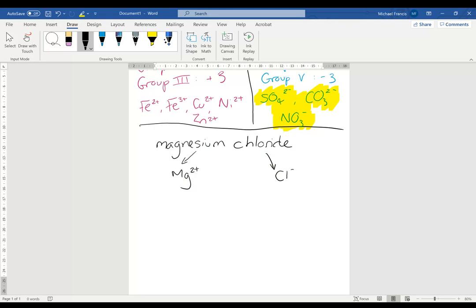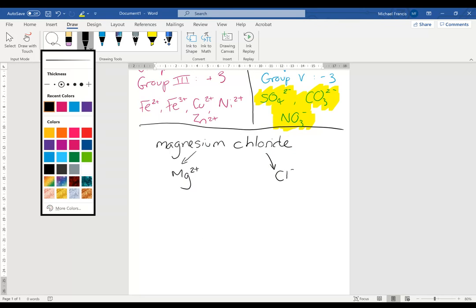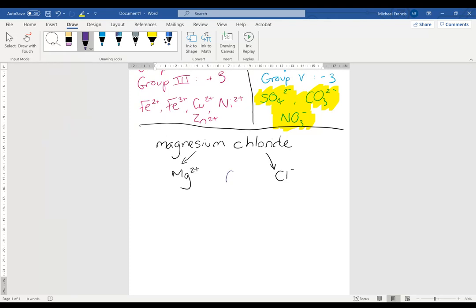Now, in order for me to make this compound, my charges have to balance. They have to add up altogether to 0. And as we know, if you take +2 and -1, you are not going to get 0. You're going to get +1. So at the moment, this doesn't work.